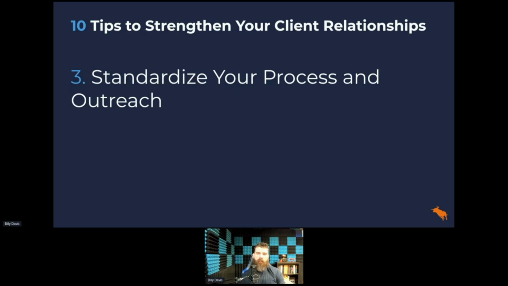The third tip is around standardizing your process and your outreach. So this is a really important tip. And I think one of the really cool things about automation is you can use it to spread your company's best practices or your SOPs, standard operating procedures, throughout your whole business.